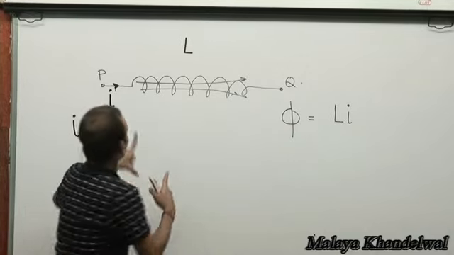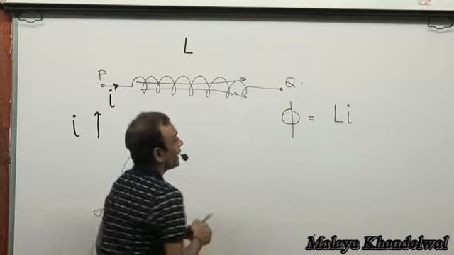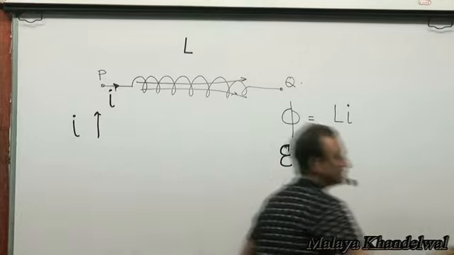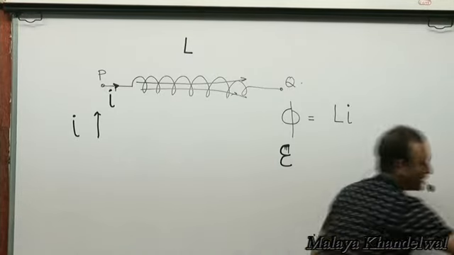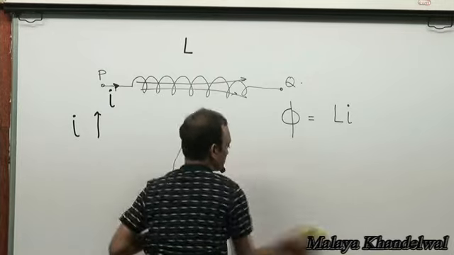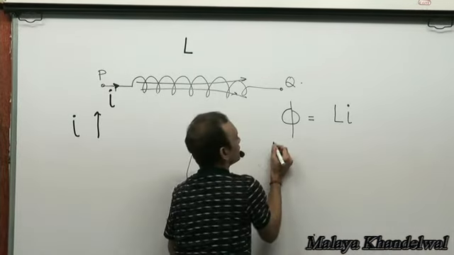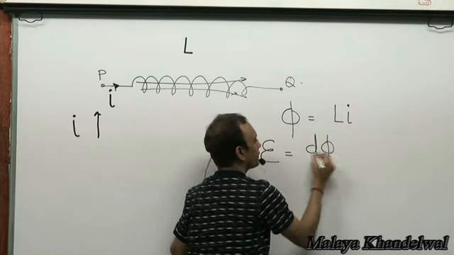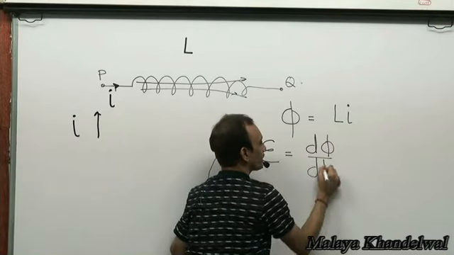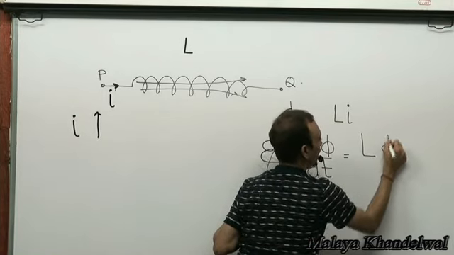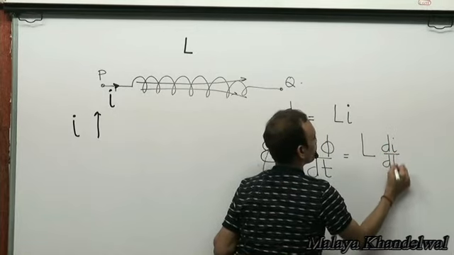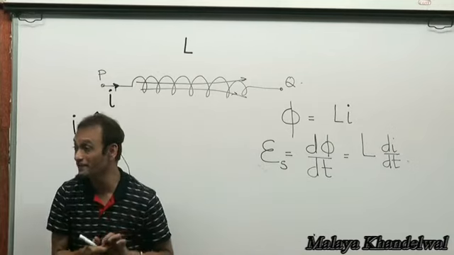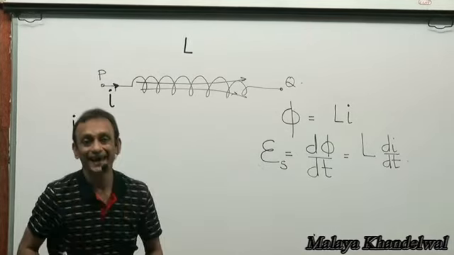So there would be an opposition to this increased I, and there is going to be an EMF which is generated, which is going to be d phi dt, which is like L di dt.